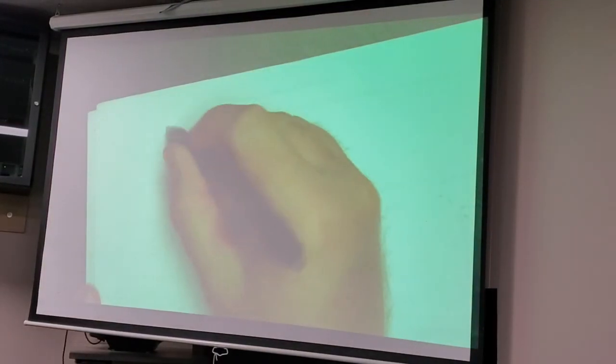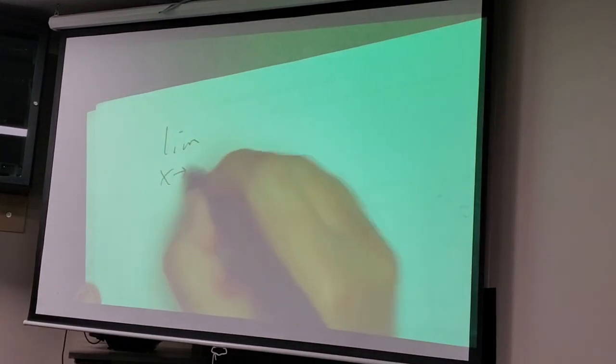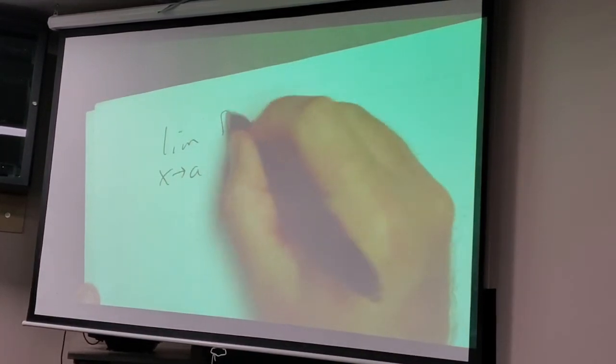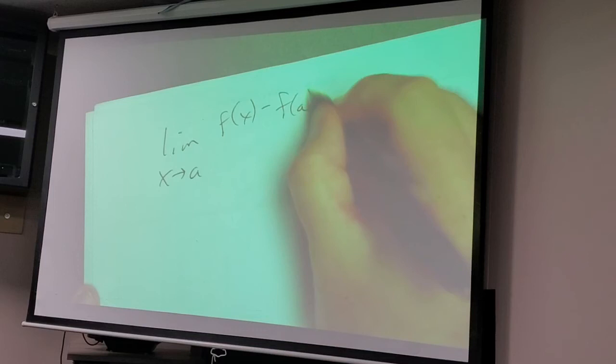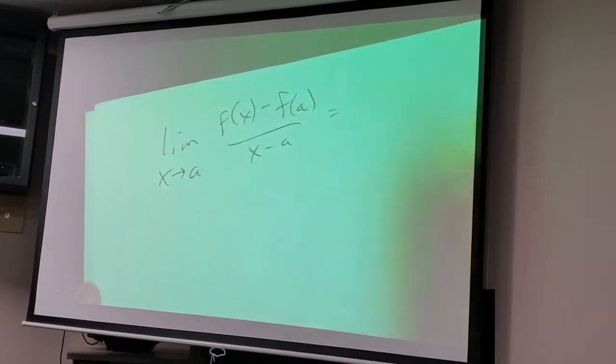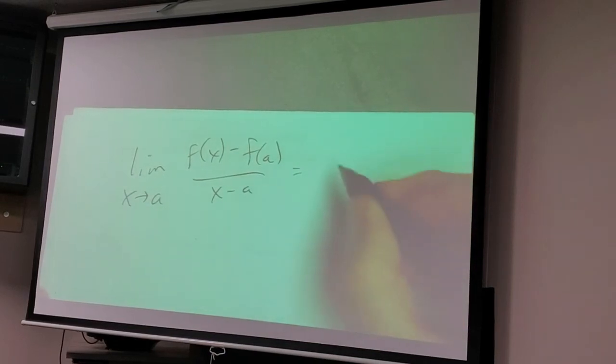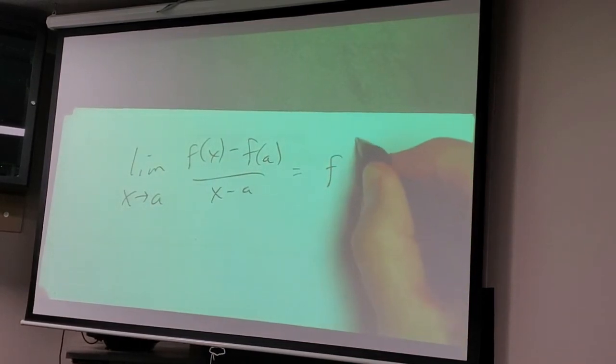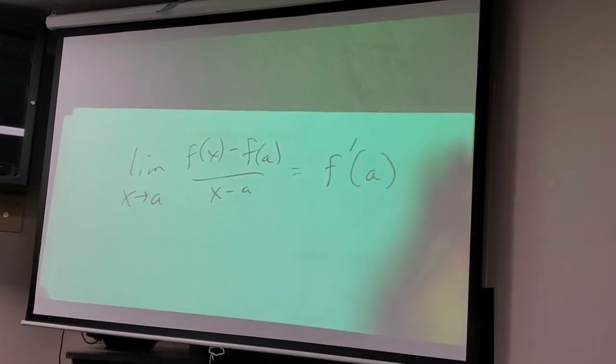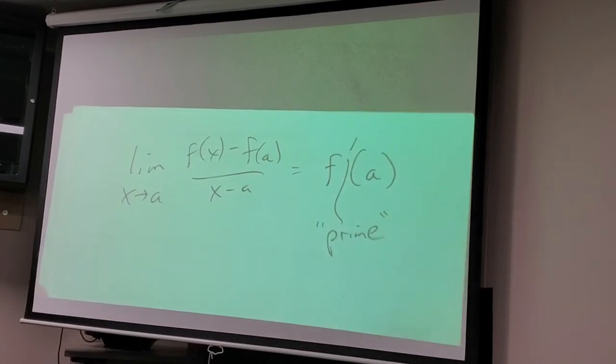So last thing I want to say is this. This process gives me the slope, and let me finally give you the actual notation for this. This will be the f prime at A. So the way you read this little dude, prime.